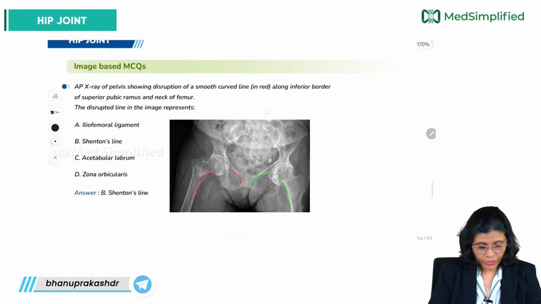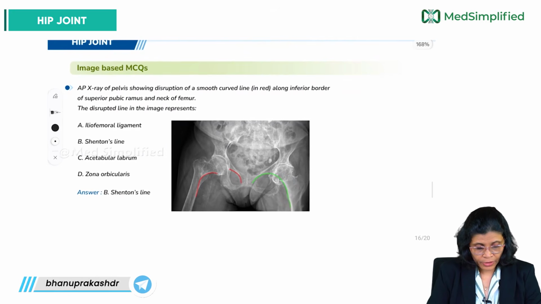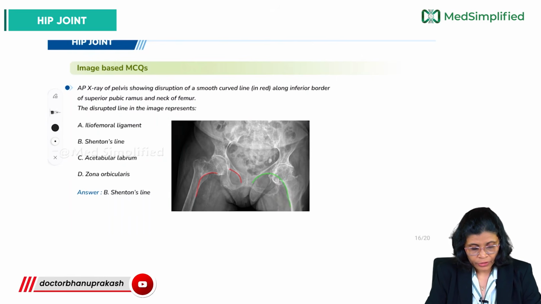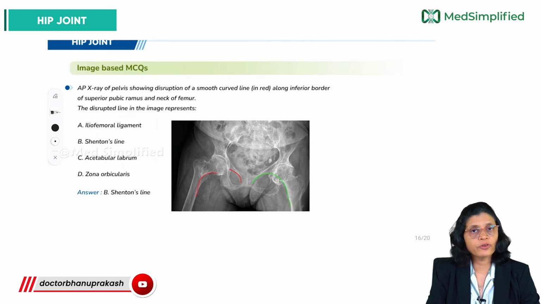Now let's see some of the MCQs. AP X-ray of pelvis shows disruption of a smooth curved line along the inferior border of the superior pubic ramus and neck of femur. The disrupted line in the image represents? Usually in the X-ray we look for two lines: one is Shenton's line and the other is Skinner's line.